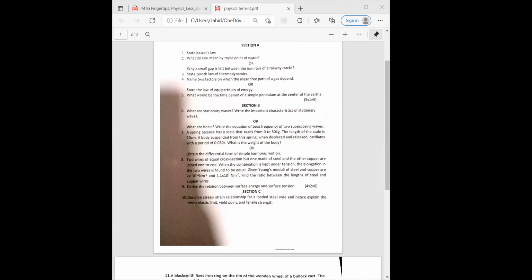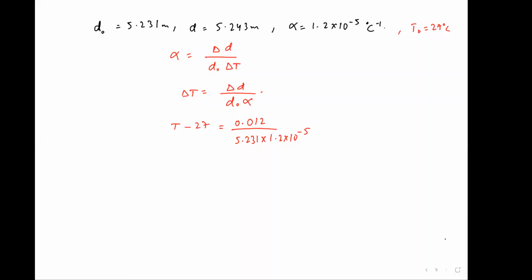And next, why is a small gap left between the iron rails of a railway track? Samaira, just explain. Any idea?